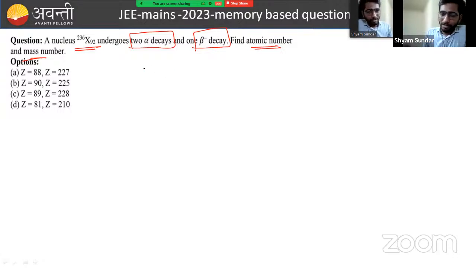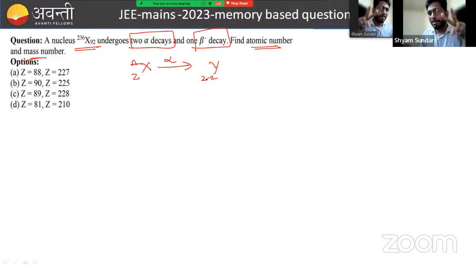One thing you have to keep in your memory: when this is what we call the parent nuclei Z A, it will undergo alpha emission. The daughter nuclei will be Z minus 2, means atomic number will be decreased by 2 and the mass number is decreased by 4 due to this emission of alpha particle.